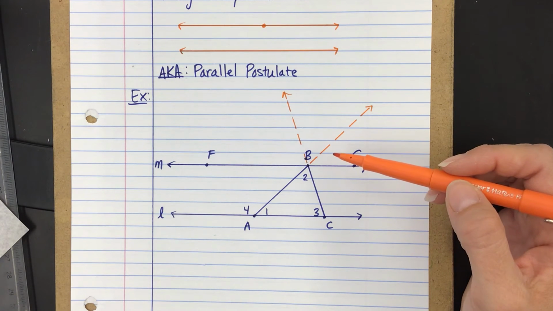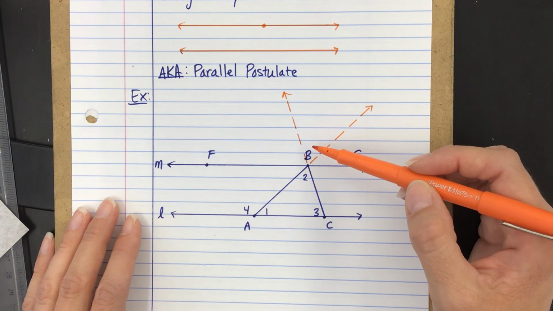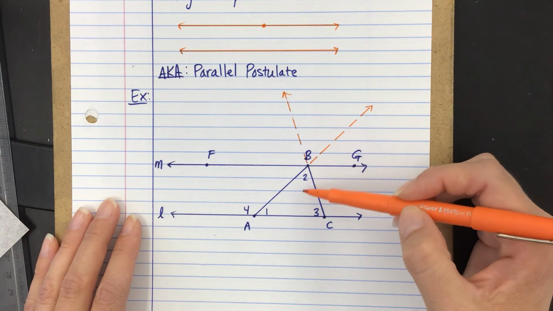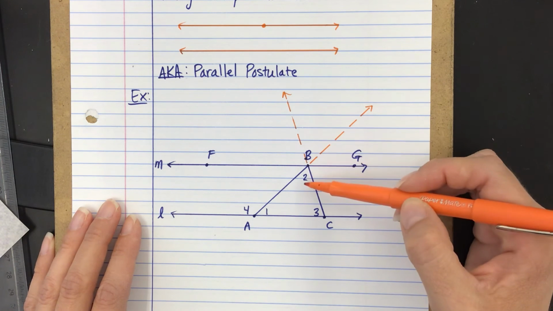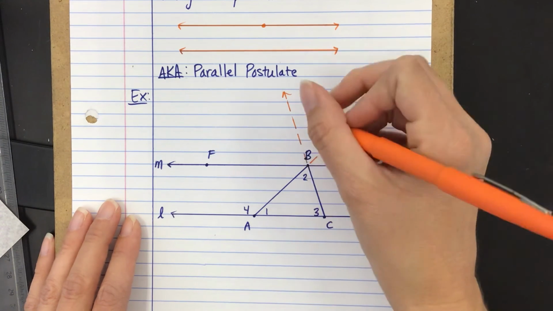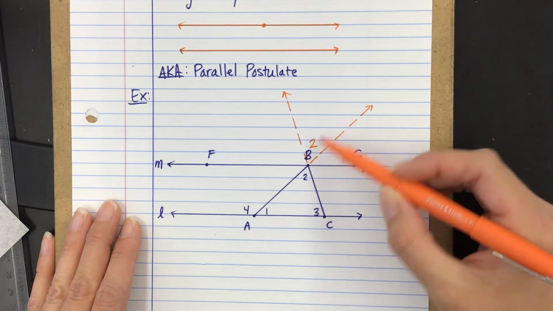Kareem? 2 is congruent with B. Yeah, I would say these two are vertical angles. So this angle 2 would be congruent to this angle 2. So I'm just going to put a 2 there to say that those are the same.